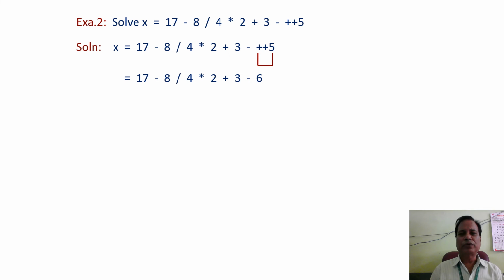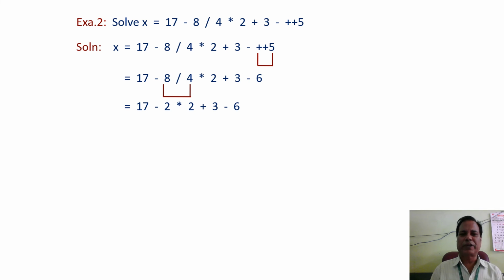So we have to solve the division and multiplication operators following the associativity rule. So first we solve division and then the multiplication. So in this step 8 slash 4 results with 2.